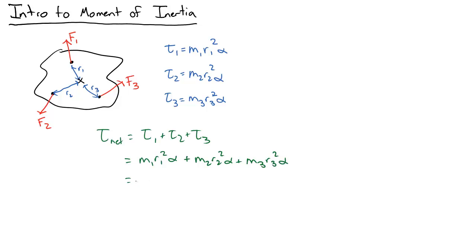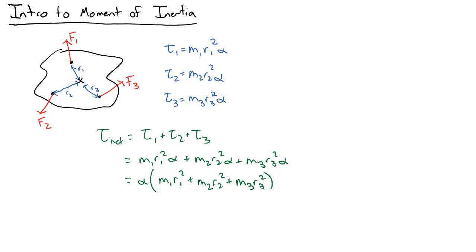And if I just factor out an alpha, what I'm going to end up with is the sum of all these m1 r1 squareds, or mr squareds I should say. So m1 r1 squared plus m2 r2 squared plus m3 r3 squared.